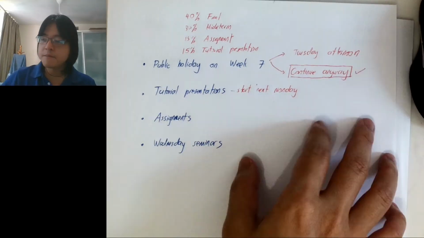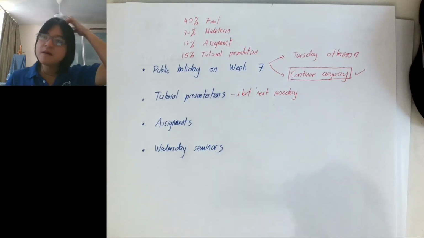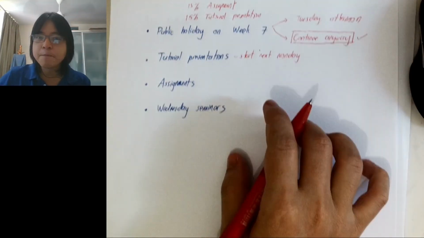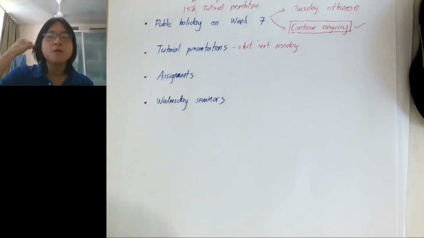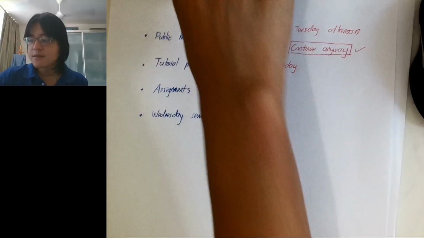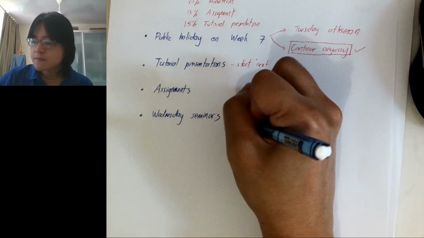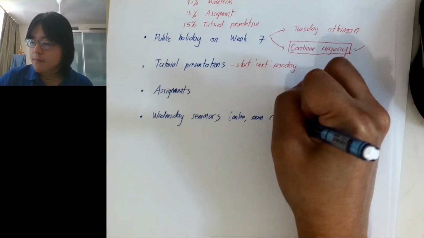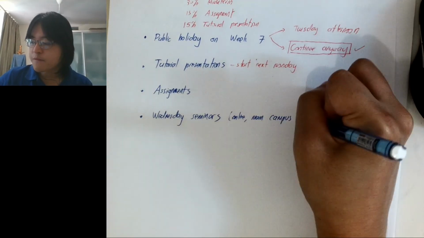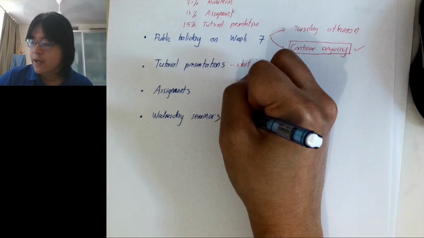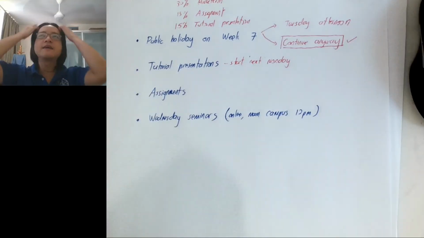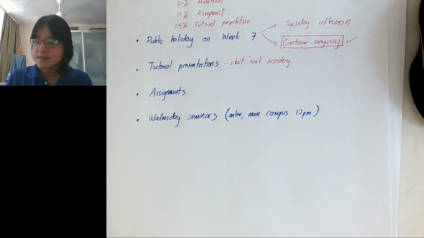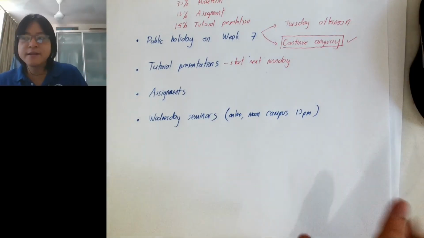Then the last thing, which physics students know already, but for the new students: usually every Wednesday there is a seminar on the main campus, and it's online, at 12 p.m. Every week someone will give a research talk, so you can see what is happening in current research.